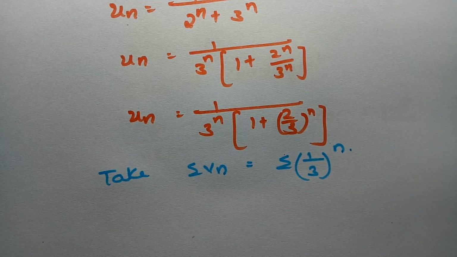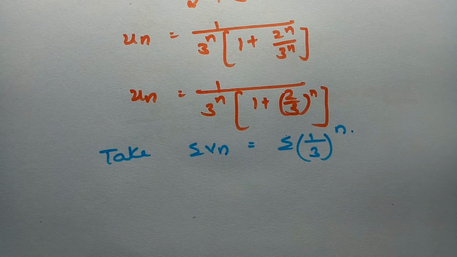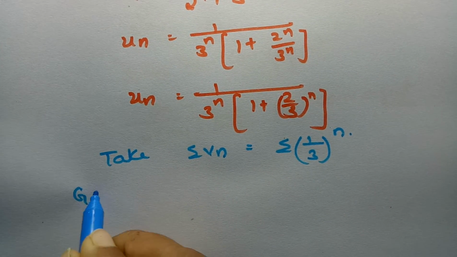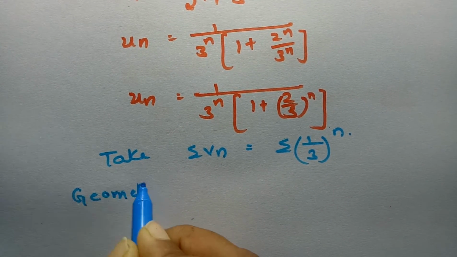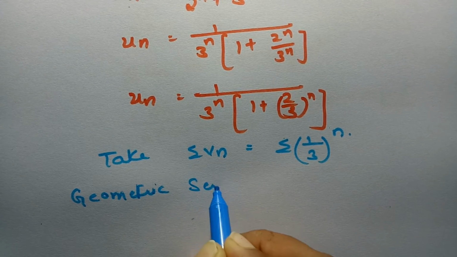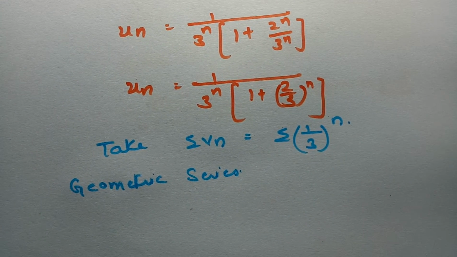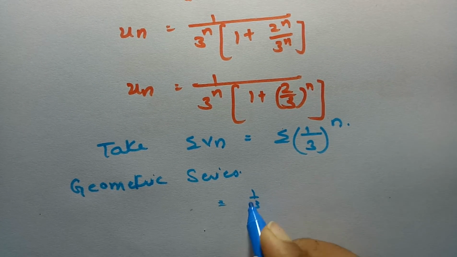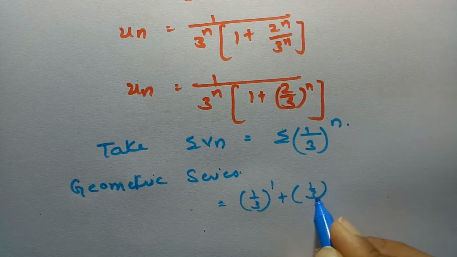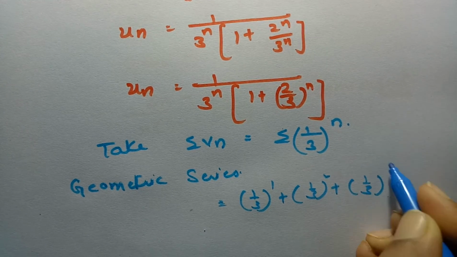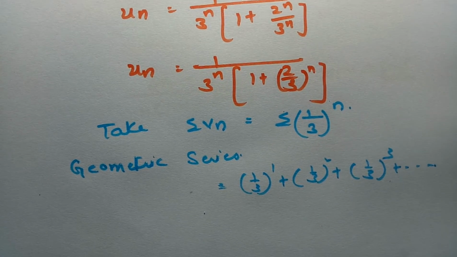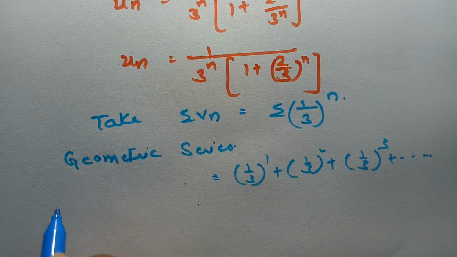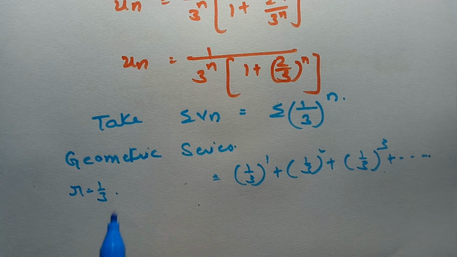If I choose this one, this is a geometric series, and here sigma starts from 1 to infinity. Therefore it will be 1 by 3 power 1, 1 by 3 square, 1 by 3 cube, and so on. According to the geometric series, our r value is 1 by 3.